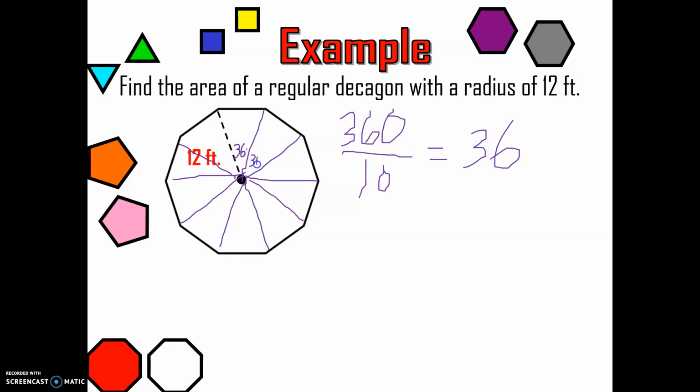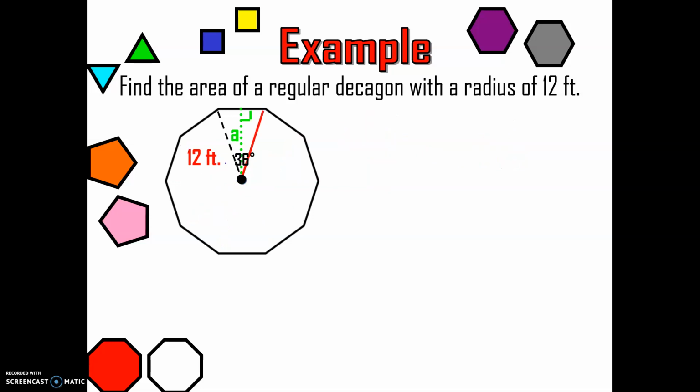It'll be 36 all the way around. But it's that triangle that we're concerned about. One single triangle, and to be exact, half of that isosceles triangle. When we drop the apothem down, we only want half of that 36-degree angle.